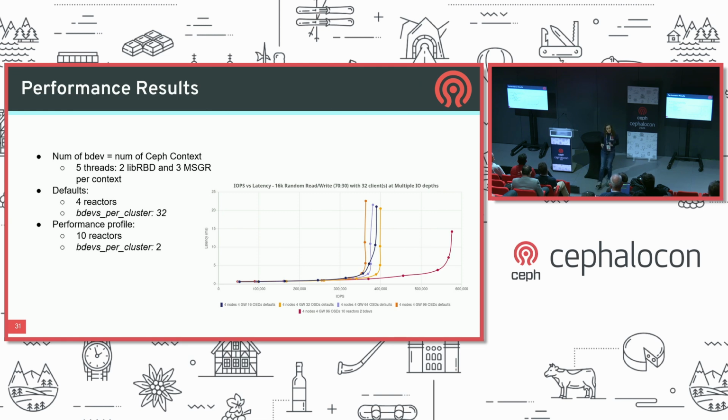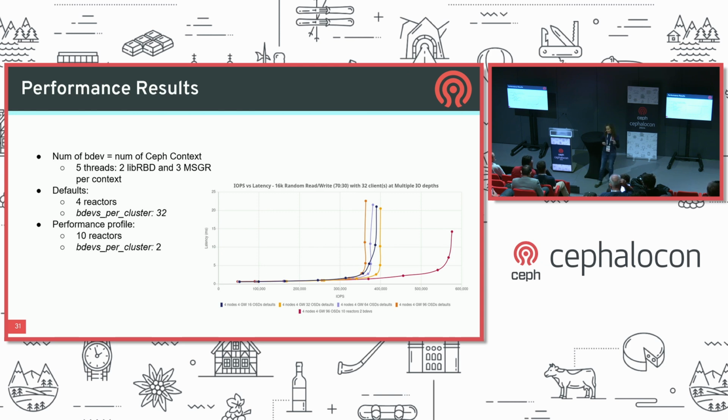Another thing we can control is the SPDK reactor cores. Our default is 4. Each reactor owns a core, usually at 100% CPU because it uses polling. So with 4 reactors you have at least 4 cores for SPDK, and you need additional cores for libRBD and the Ceph context.